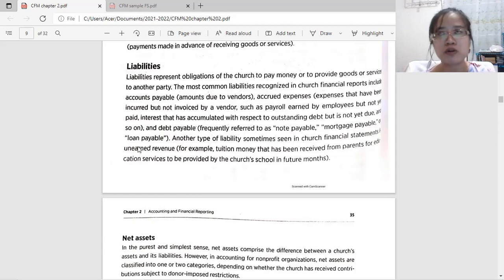Loan payable, normally this would be the term used if you borrowed from a financial institution, could be secured or unsecured with a collateral. So you can use loan payable. And for the most part, these types of loans, debt payable, are normally classified as non-current liabilities.